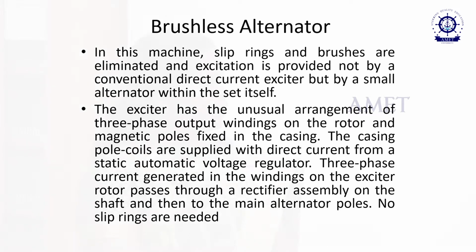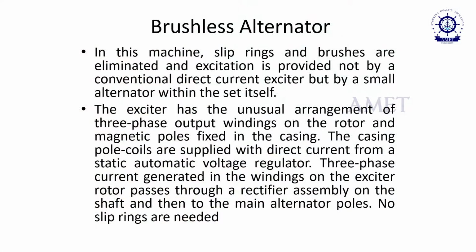The casing pole coils are supplied with direct current from an AVR. The AVR, as we know, is the automatic voltage regulator, which regulates the voltage given to the field winding of any type of alternator. Here also the AVR supplies the field poles. The 3-phase current generated in the armature conductors is given to the rectifier.